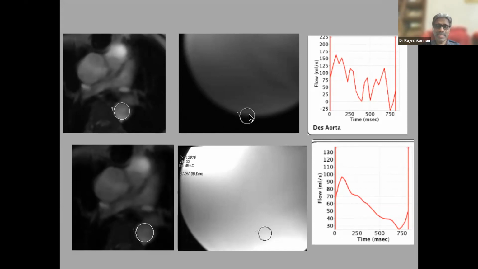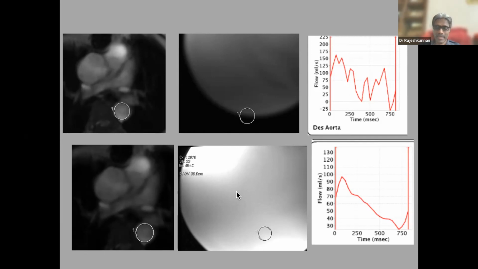For example, in this case the phantom was slightly away from the region of interest, so look, the curve was completely erroneous. Then we have to reposition the phantom to get the correct flow like this. So using the phantom sometimes can give additional errors, and it involves a lot more time. So many centers don't use this phantom correction routinely.